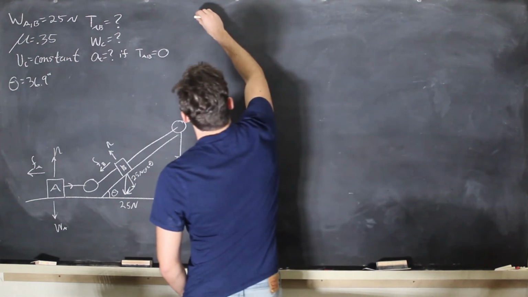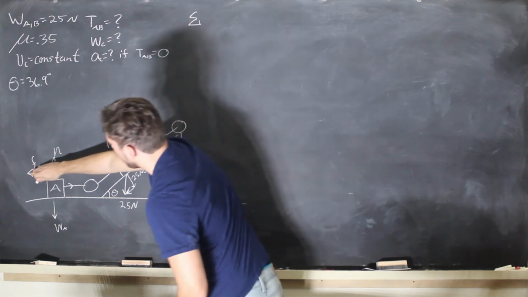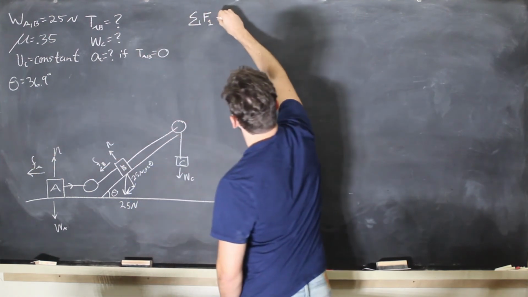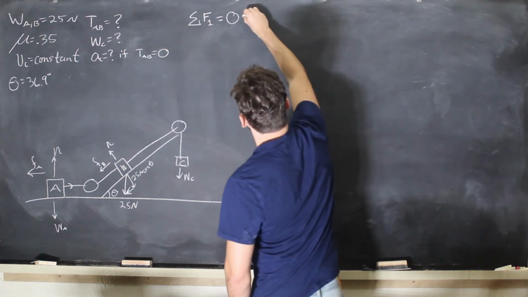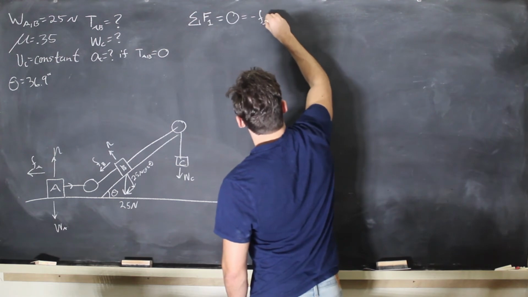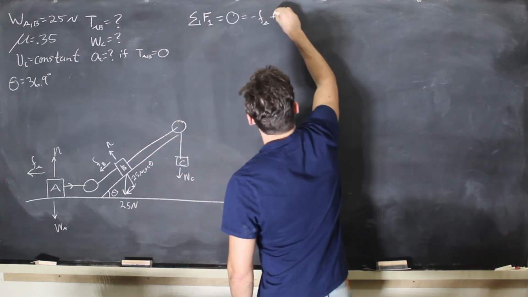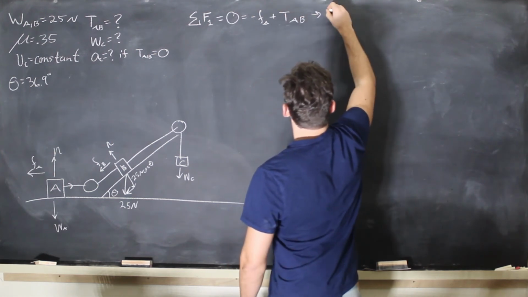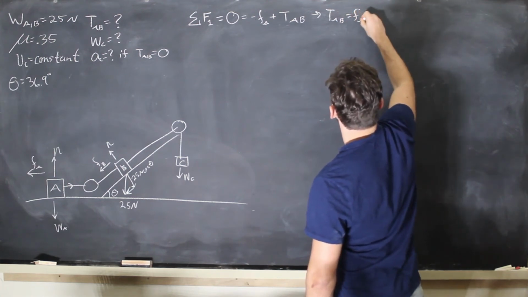So the sum of the forces for this specific part, we'll call this F1, is equal to 0 since the system is in equilibrium. It is negative FA, I'm treating the left side as negative, plus tension AB. Meaning that tension AB is equal to F of A.